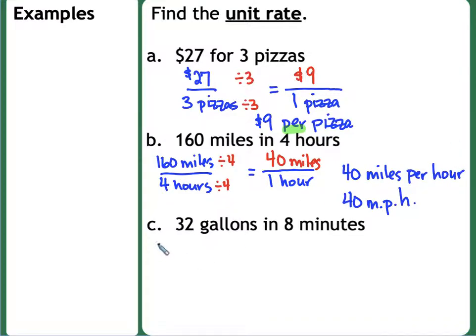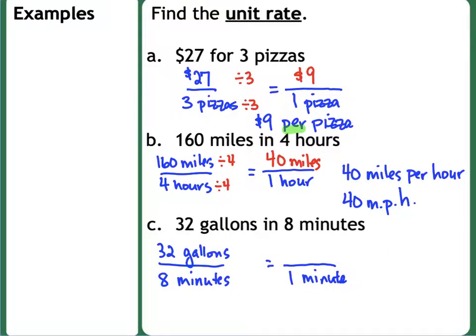And last but not least, we have 32 gallons to 8 minutes. And we want to know how fast are we filling up that pool in 1 minute. So we want the unit rate. So we have to divide by the denominator. And 32 divided by 8 is 4 gallons.